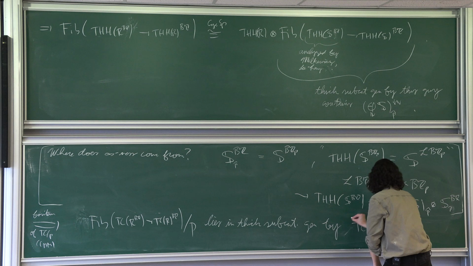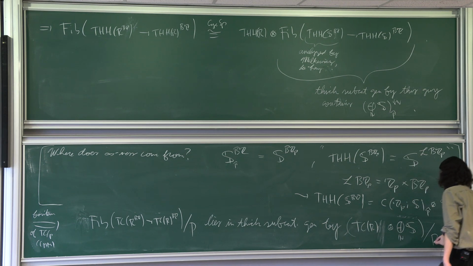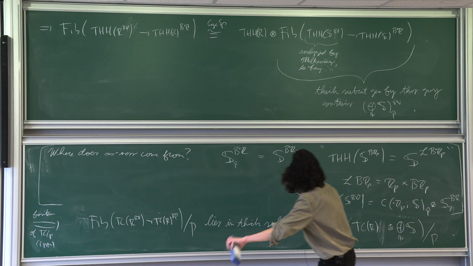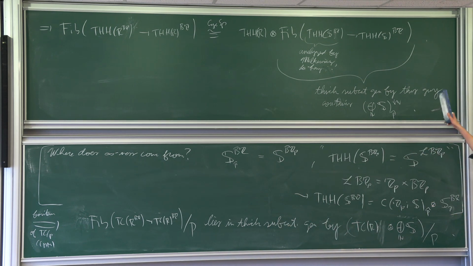Maybe I should put mod p on the outside. So basically, when you calculate TC on the right-hand side, you can pull out tensoring with this guy, even though it's really big.